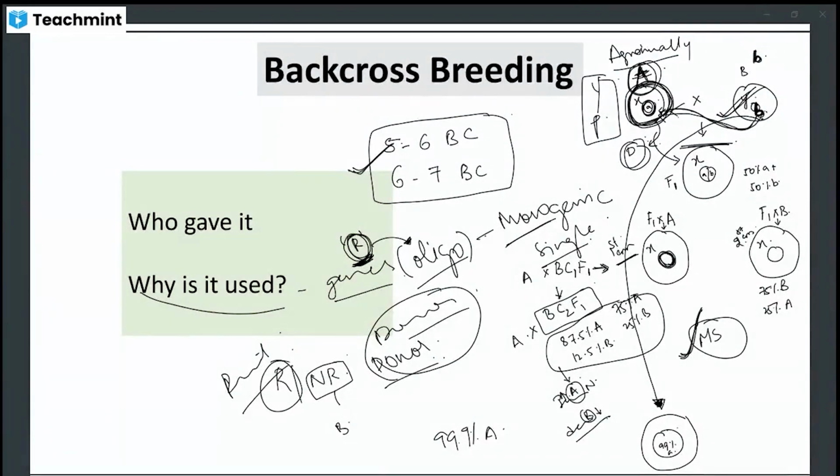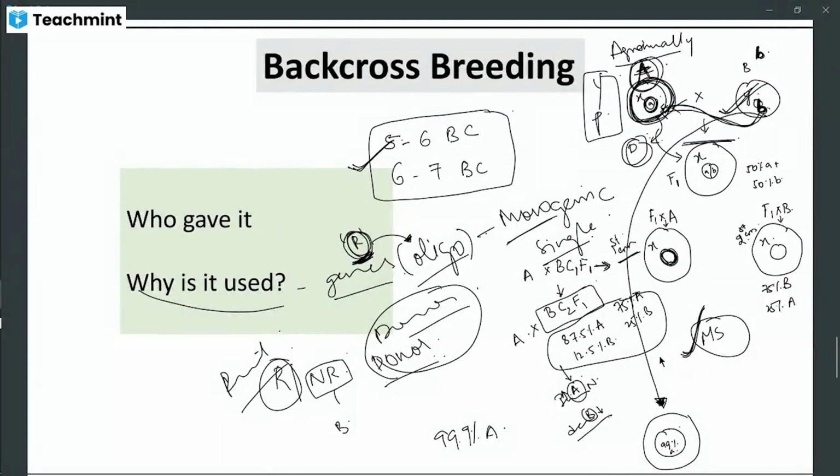In the CGMS system, you will be using the restorer genes. So you can transfer mostly oligogenic genes. It is not that polygenic genes can't be transferred. They can be transferred, but backcross breeding works most effectively with oligogenic, particularly monogenic, which are governed by a single gene.